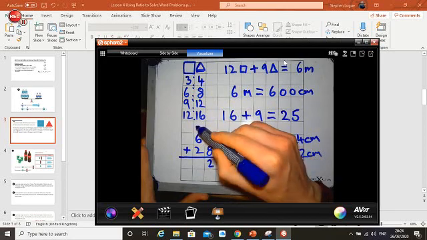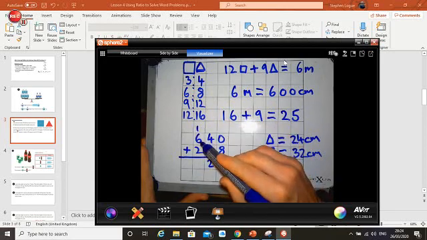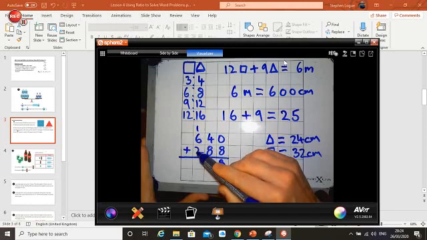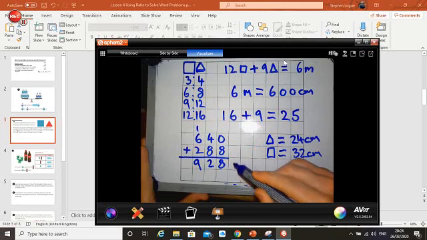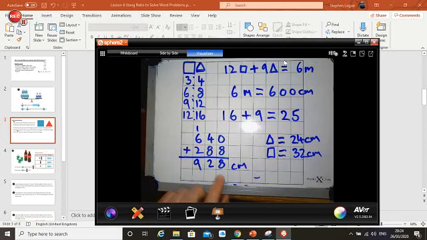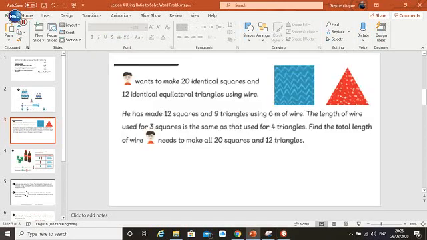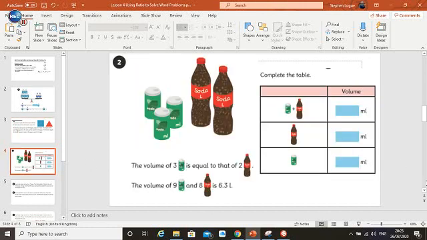As with the previous two, at this step we need to convert 6.3 litres into millilitres. Well, 1 litre is 1,000 millilitres, so 6.3 litres is equal to 6,300 millilitres.